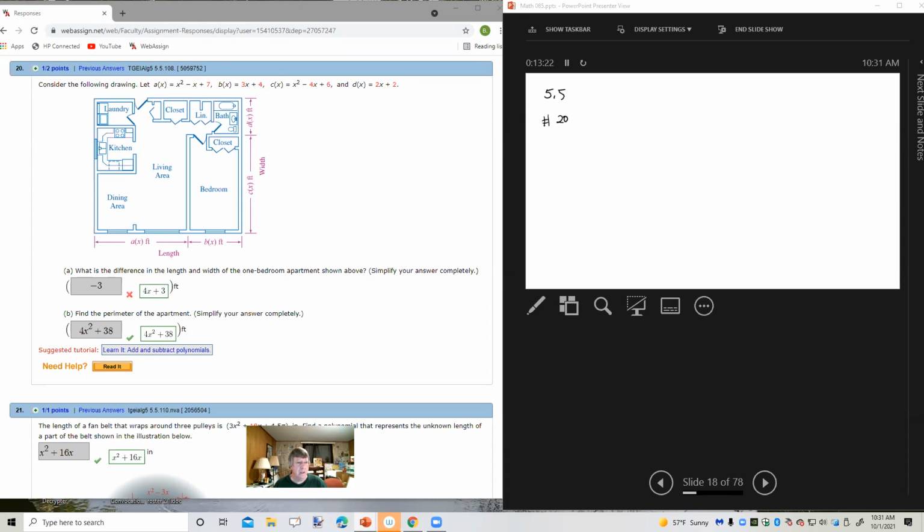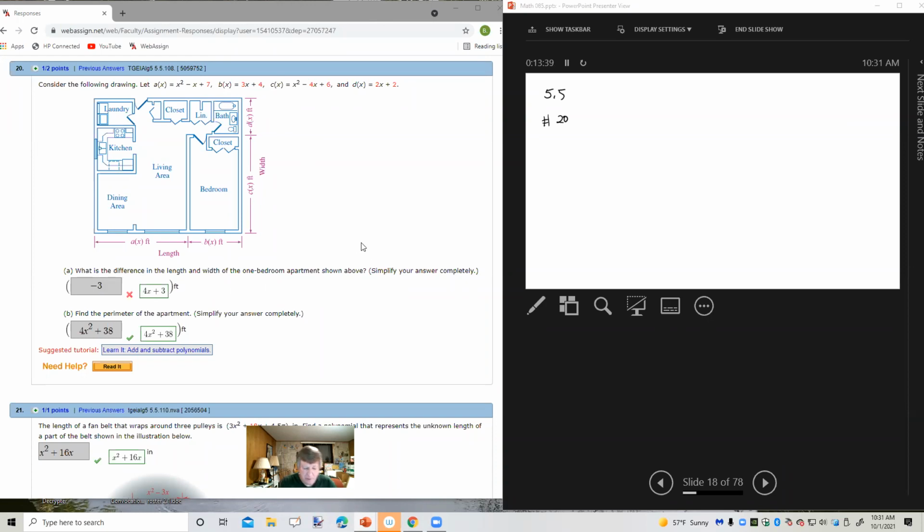It says, consider the following drawing. And then it gives us polynomial values for a of x, b of x, c of x, and d of x. Part A says, what is the difference in the length and width of the one-bedroom apartment shown above?